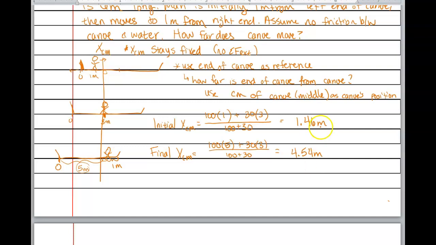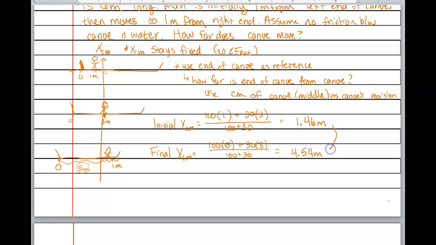So we can see this is how the center of mass changed, which is how, sorry, said that wrong. This is how far, because the position of the center of mass in space did not change. The reference point did, the canoe did.